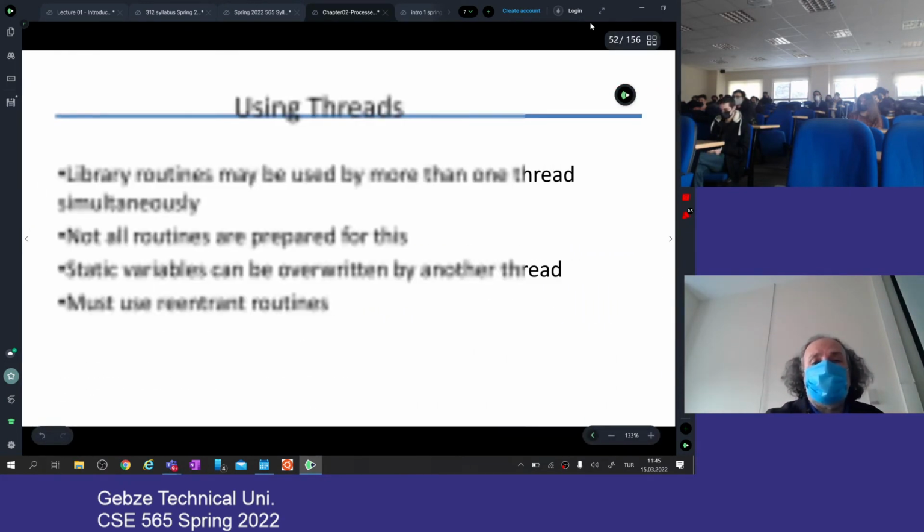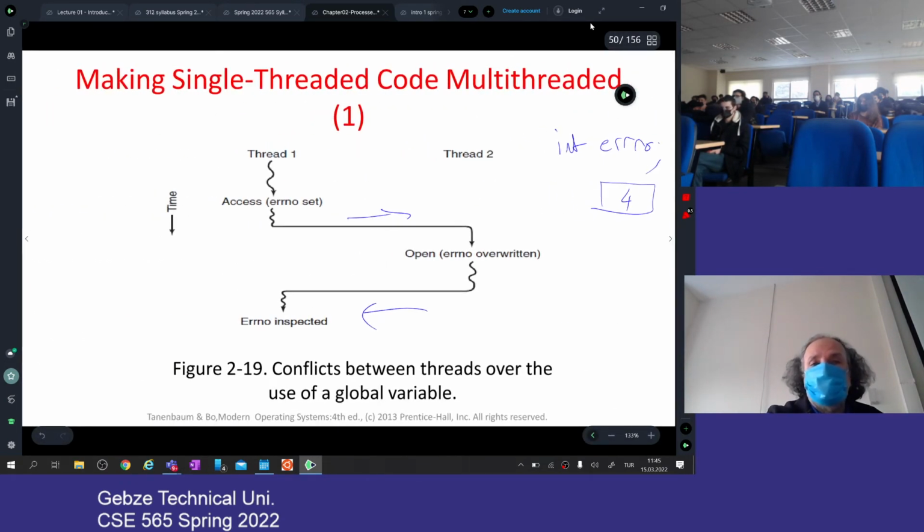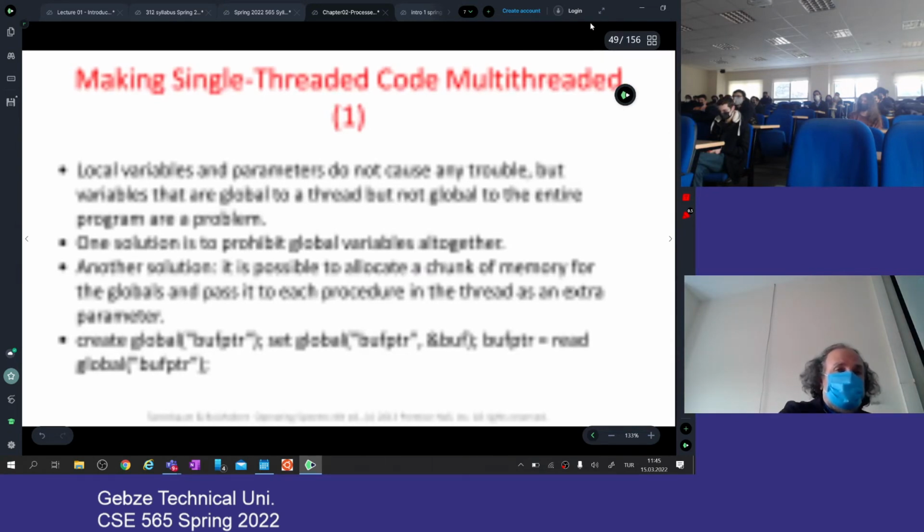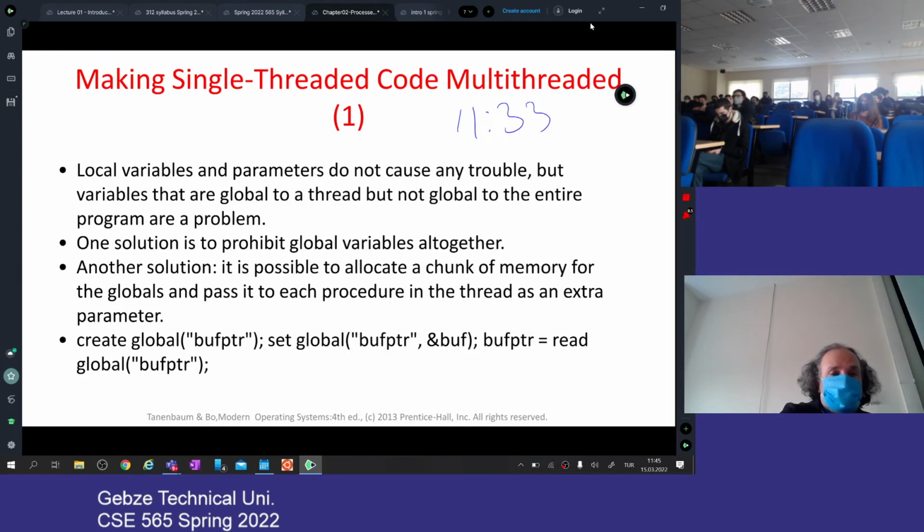That's why we would be very careful about just modifying your single-threaded code into multi-threaded code. You might get surprised that your perfectly running single-threaded code is giving you lots of problems when it is converted into multi-threaded code. Most of the problems come from the global variables and static variables.